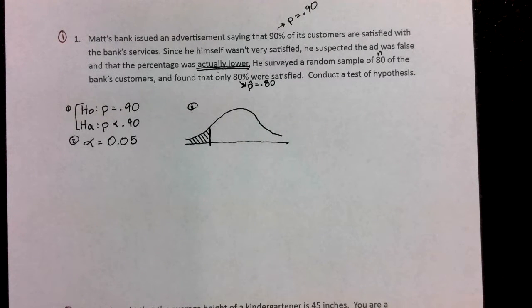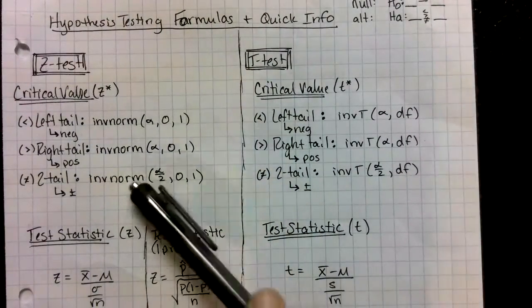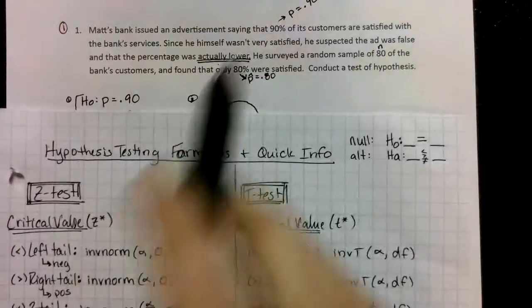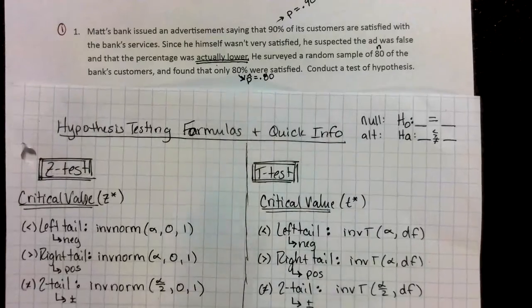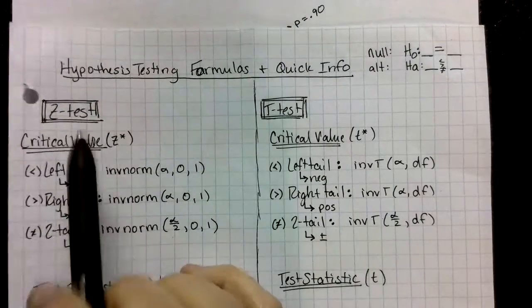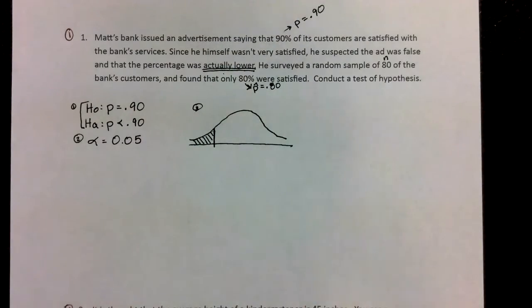I'm going to go to my formula sheet and figure out how to find my critical value. What I need to know is which one of these I am using. Because this is dealing with percents, that makes it a one-prop z test, so I'm going to follow the general side of z tests.